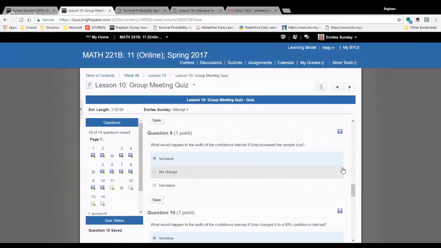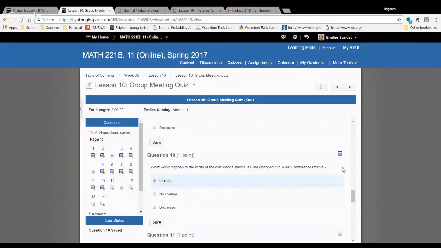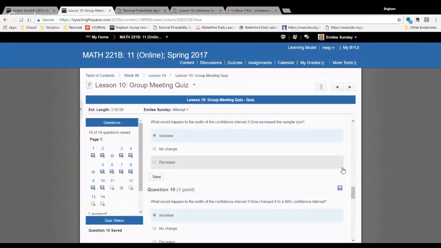And then 9. On 9, I just looked at my notes. So when you have the width of the confidence interval, if the sample size is increased, then the width is also increased. That's what I had in my notes, at least. Is that what you understood? Yeah. So that would be A, increase.